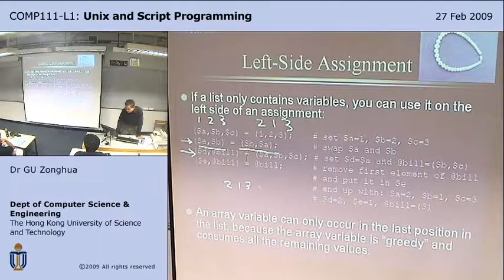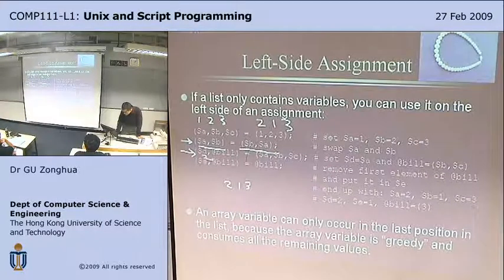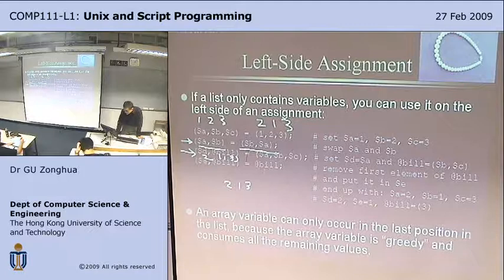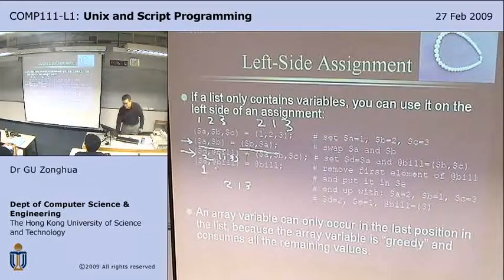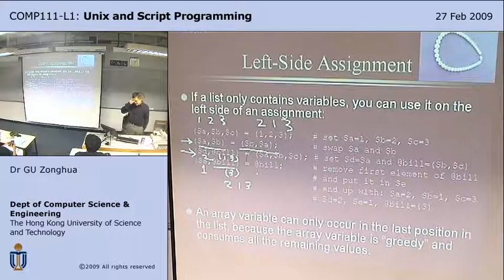Now D is equal to 2. E is 2. Bill has 1, 3. After this assignment, E gets 1, first element of Bill, and new Bill gets a single element of 3. Right?